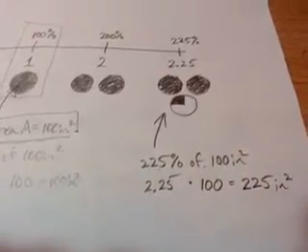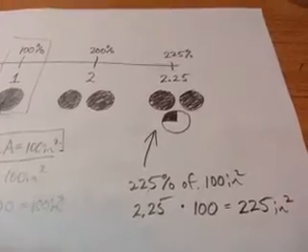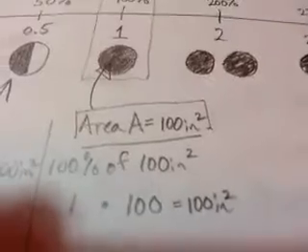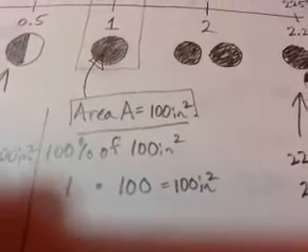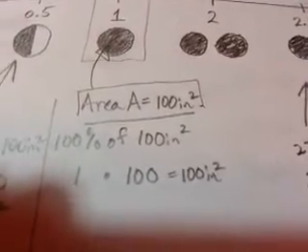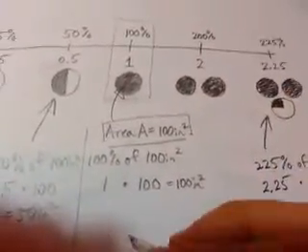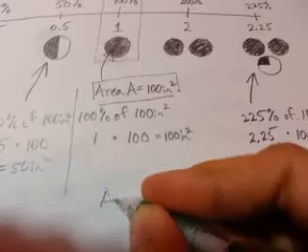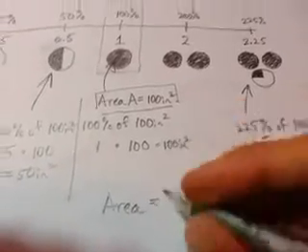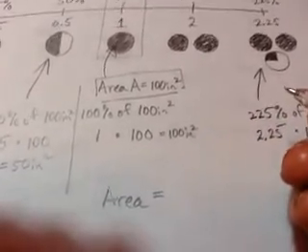But life does not make it easy for us. Before, over here, I said the area A is 100. What if I don't know what the area is? Let's say the area is just equal to unknown. I don't know what it is.